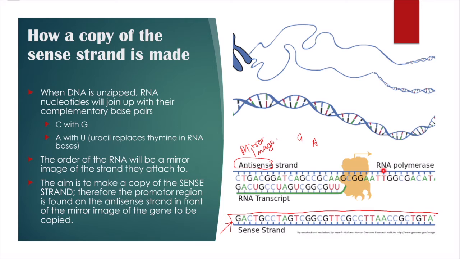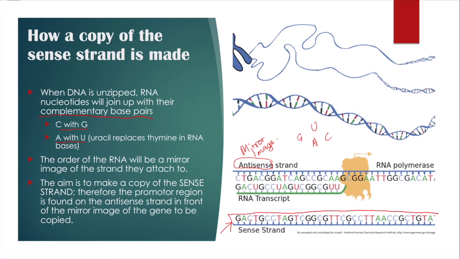We have G's, A's, C's, U's, all floating around. The only thing they're going to partner up with is their complementary base pair. C's will only join up with G's, and A's, because it's RNA, will only join up with U's. So if we want to get a strand that says GACT, GCCT, we actually have to use the mirror image of that strand to get a photocopy.